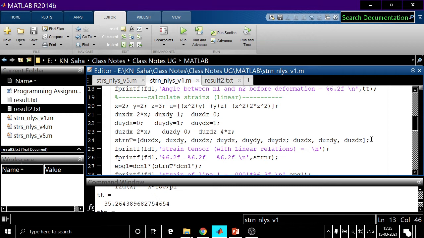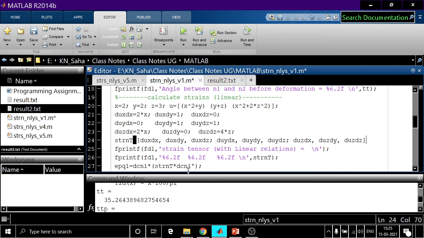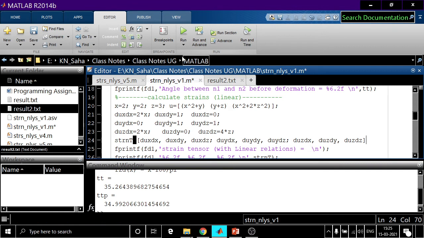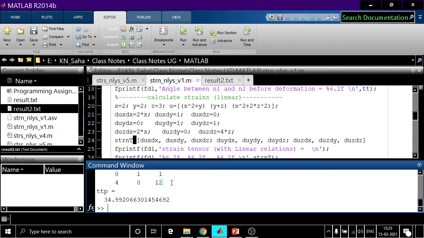First let us run this code and see this strain tensor on our screen. Let's run the program. These are the values.